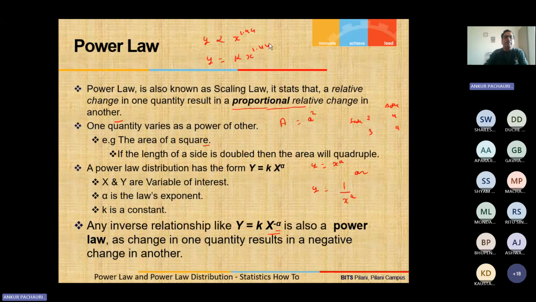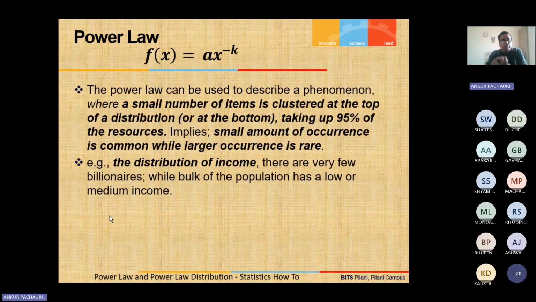That means whenever I want to remove the proportional sign and replace it with an equal sign, I multiply the whole factor by some constant. So the general power law is y equals k x to the power alpha, where x and y are the variables of interest, alpha is the exponent, which can be positive or negative, and k is the constant. Okay, so this is a power law.